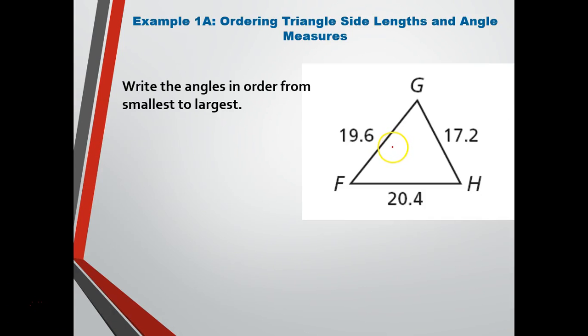Okay, in this one it says write the angles in order from smallest to largest. So going from what we just looked at, we're going to number these in order first. Here is the shortest side. I'm going to call that 1. The next to the shortest side, 2.